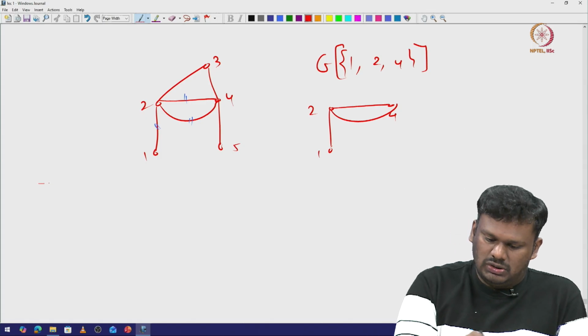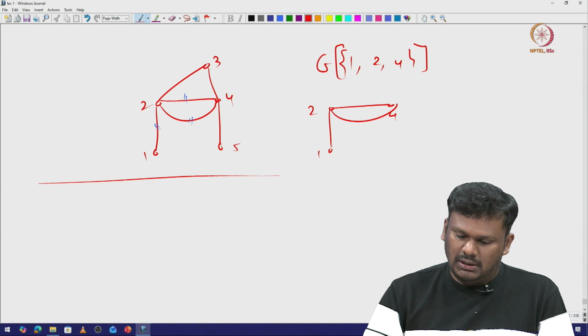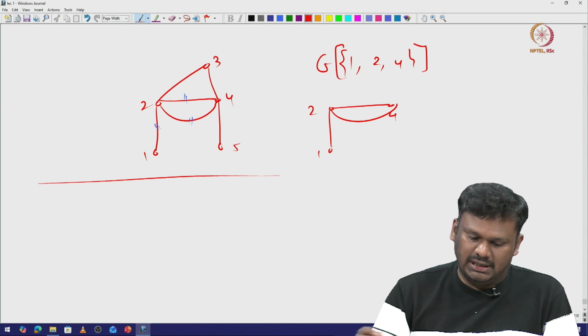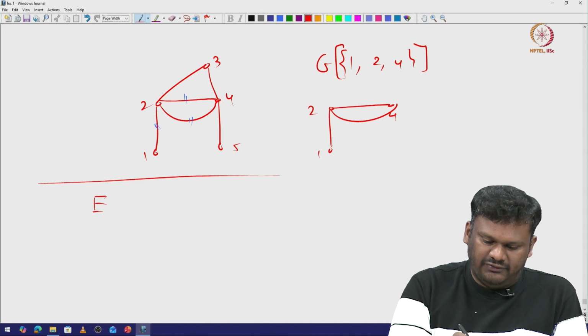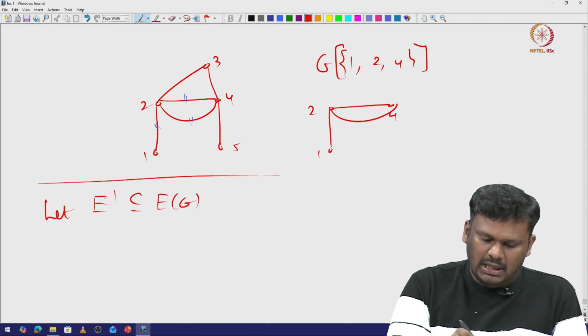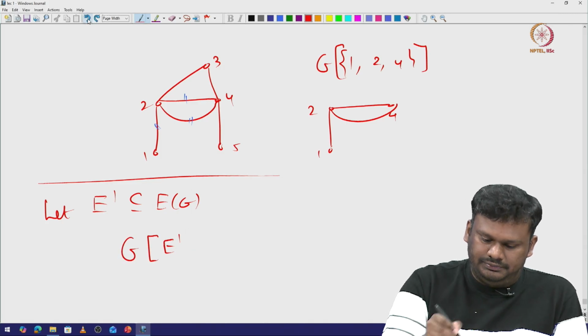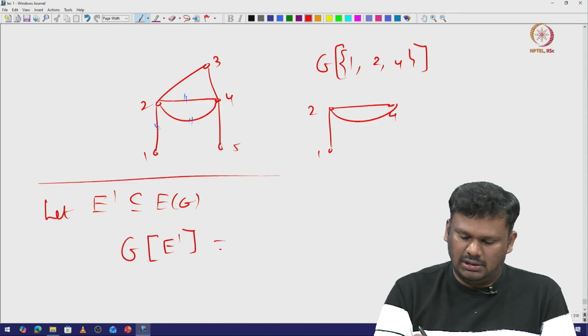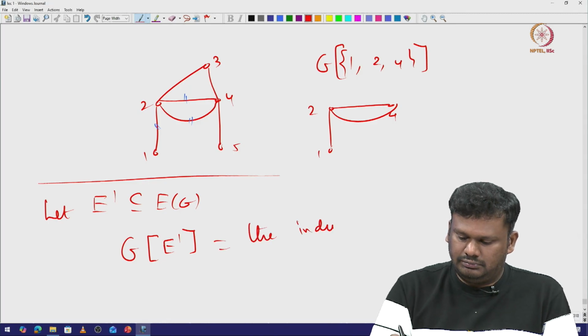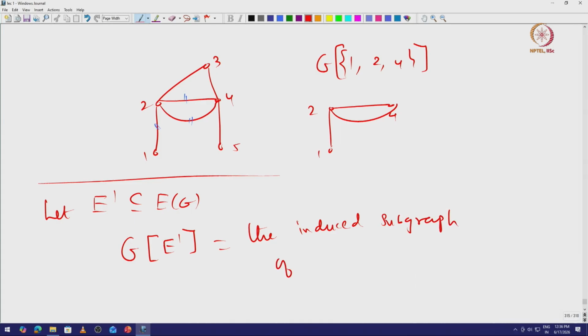Similarly, one can talk about the subgraph induced by a subset of the edge set. One can fix E dash, a subset of E of G, and then talk about G bracket E dash, the induced subgraph of G induced by E dash.